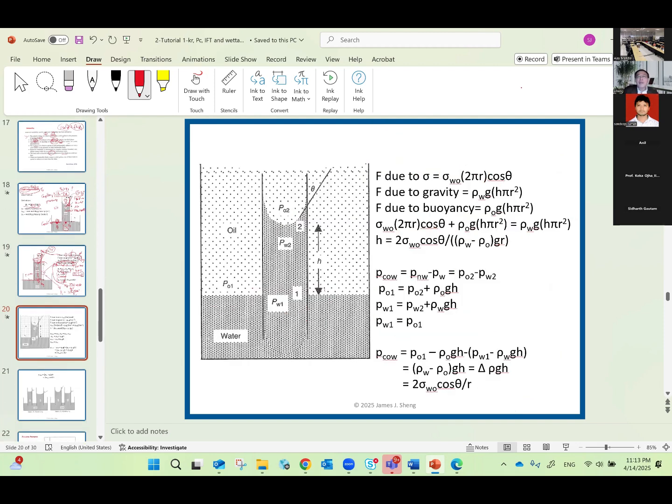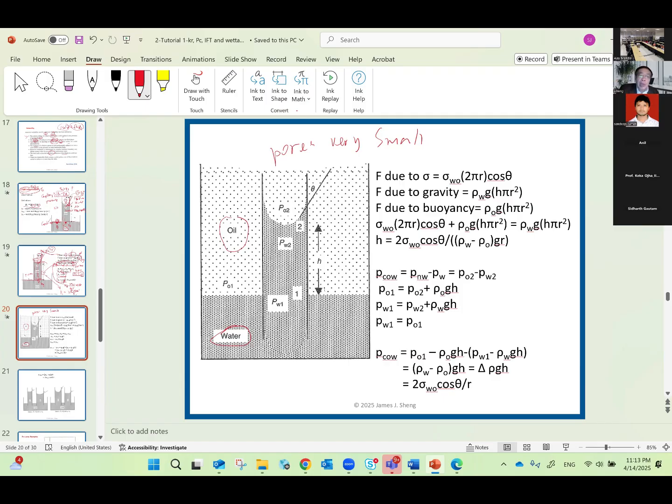So similarly, we can define it in an oil reservoir. We are more interested in the oil reservoir, right? In the oil reservoir, you have oil, and at the bottom we have water. Now in the oil reservoir, the capillary tube is very small, because of the pores, right? The pores are very small. So it's the same as what we talked about, this capillary tube or small tube.